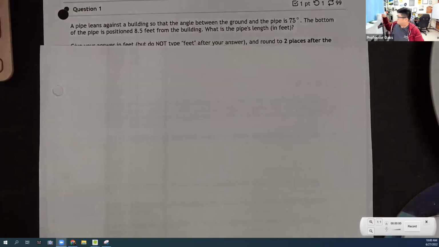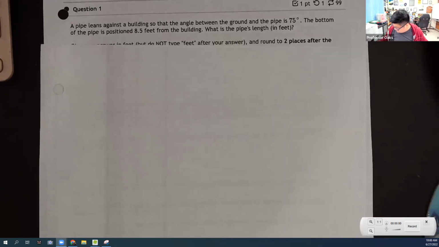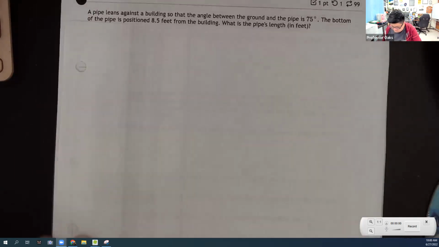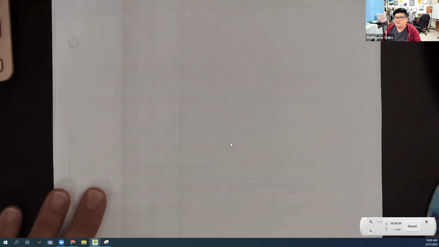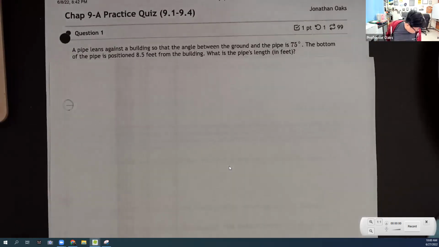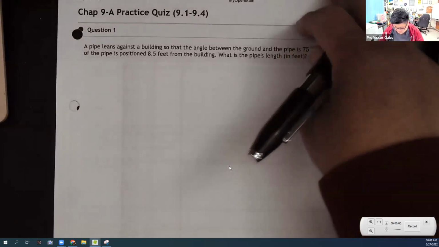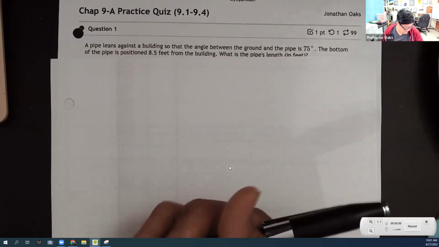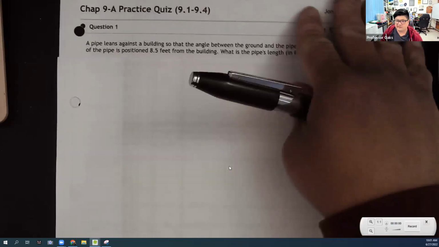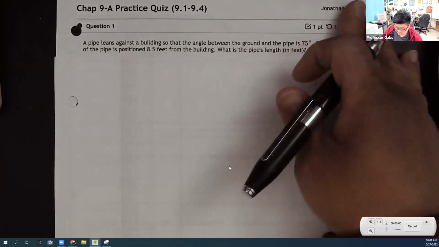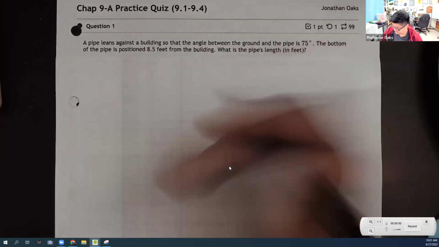There's a whole bunch of other stuff on the page, but that's okay. I just go as we usually do. Even on this first 9A quiz, there's only 9 questions. So they might take a little bit longer if you're not used to them, but I don't think there are things you can't do.